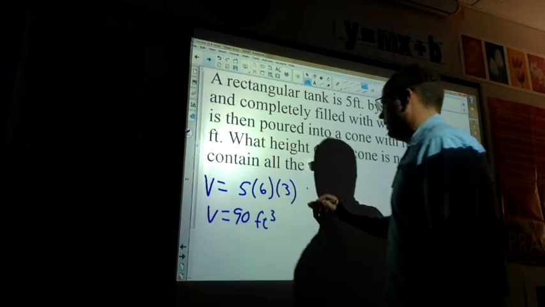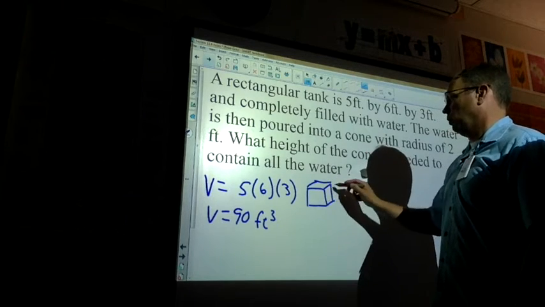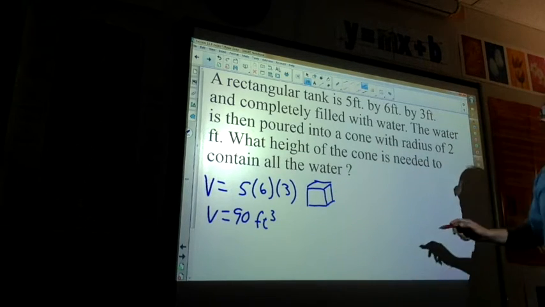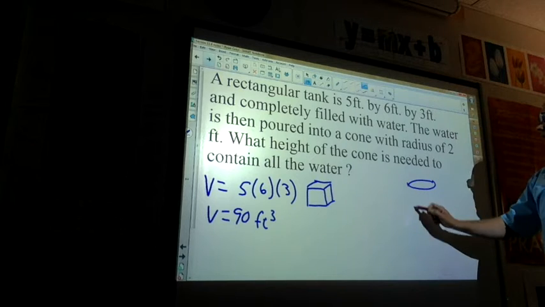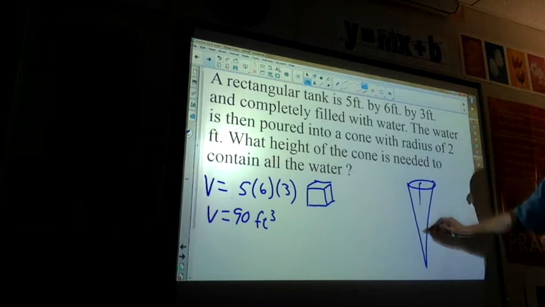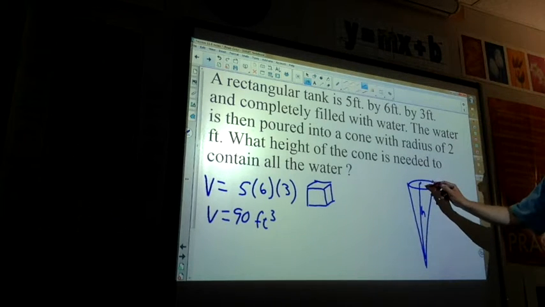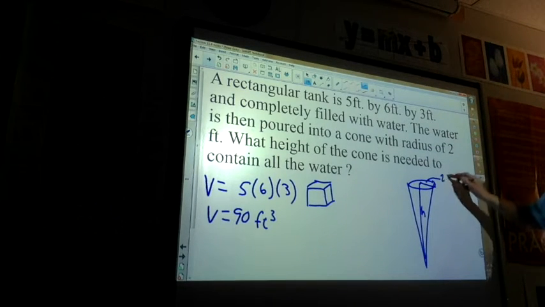That was when we had this rectangular type of tank. And then we want to figure out how big does the height have to be in order to fill this. My radius is 2 feet.